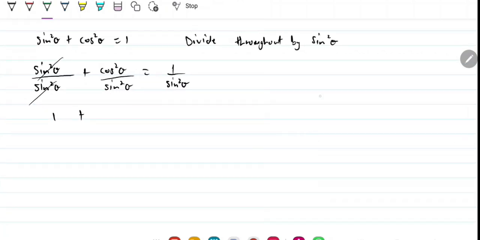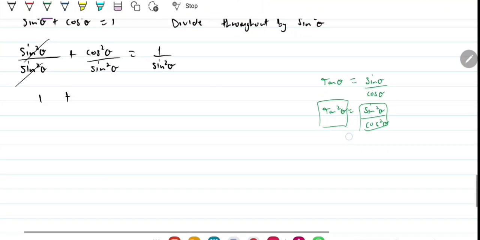Remember that tan theta was sine theta over cos theta, right? So squaring both sides, I'll have tan squared theta is equal to sine squared theta over cos squared theta. Now, if I upturn this side of this equation, I have to upturn this side also, right?